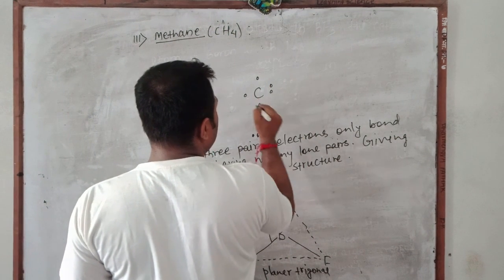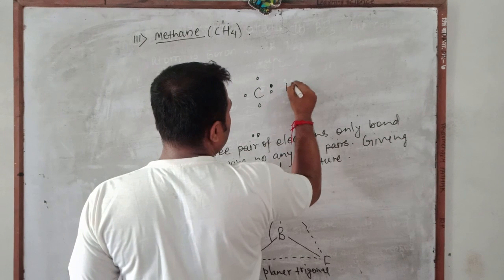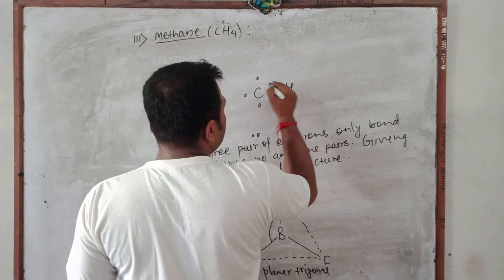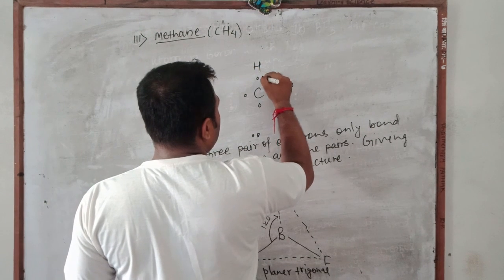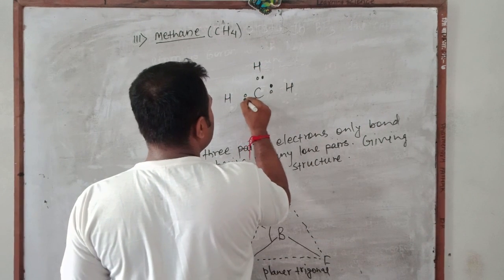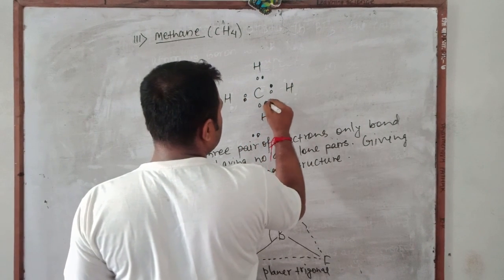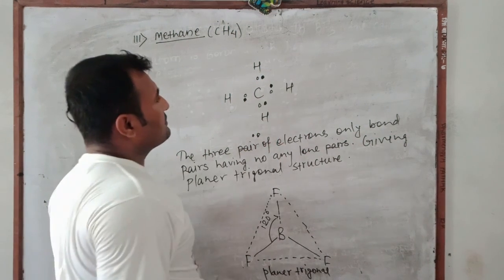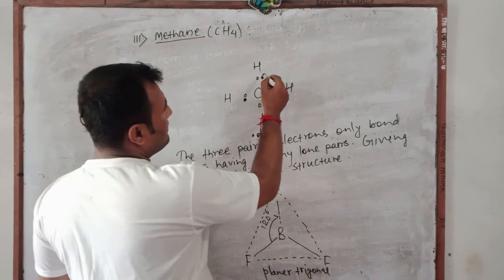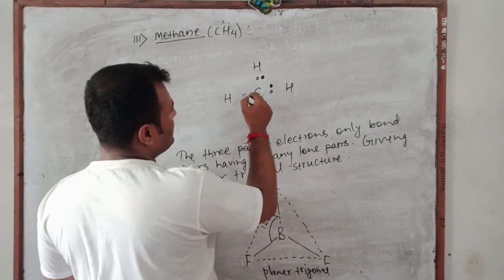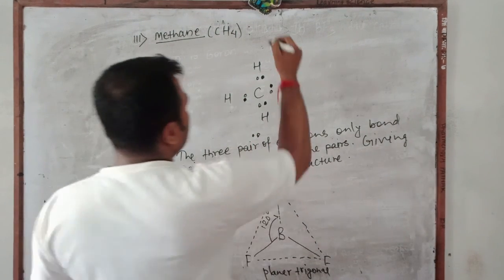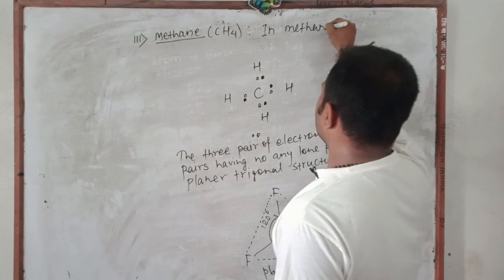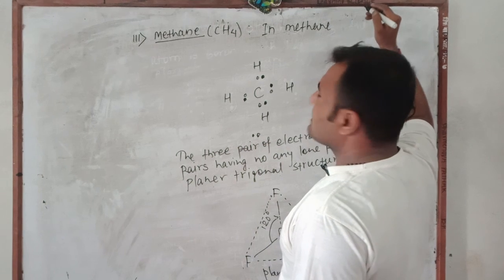It contains 4 pairs of electrons bonded with hydrogen atoms. See here. That colored part denotes the electrons of hydrogen, and here 1, 2, 3, 4 pairs of electrons are found. And here we write, in methane, the central atom is carbon.